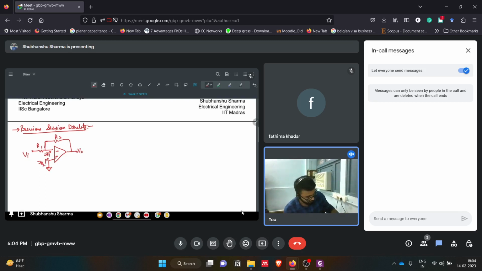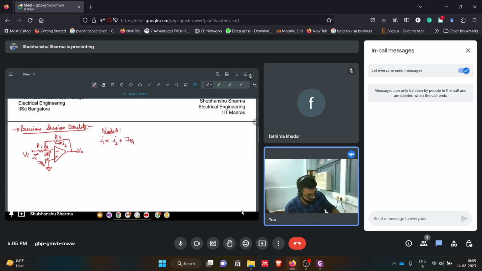In the derivation, I1 is the current here and I2 is the current here, and at node A we can write the KCL equation that I1 equals I2 plus IB1.